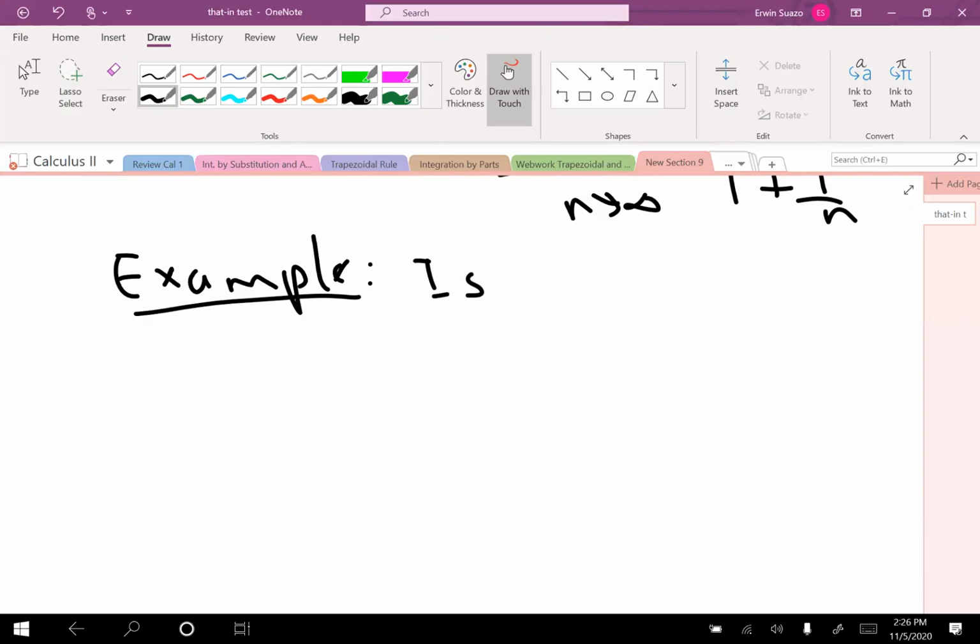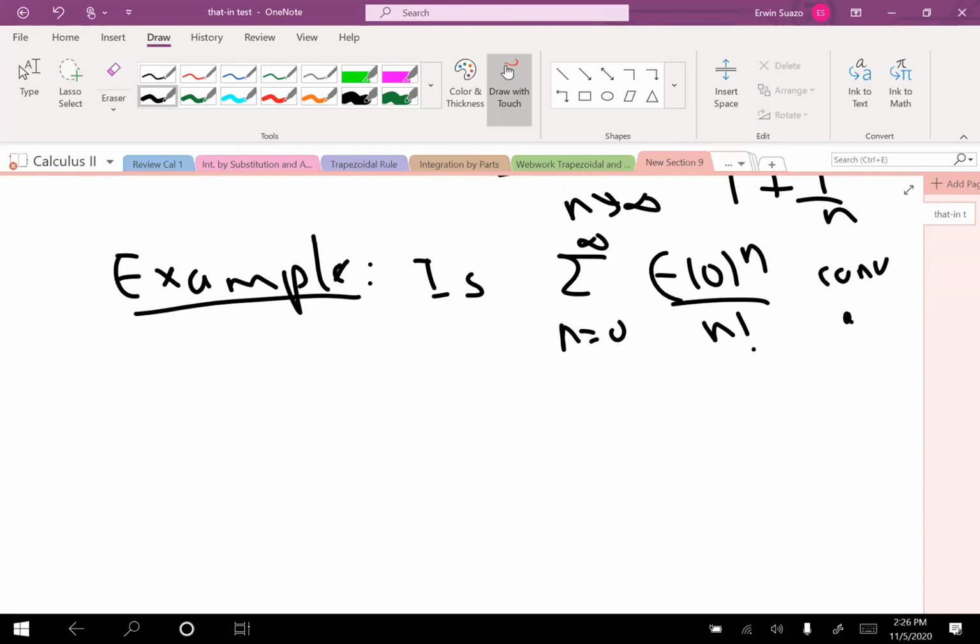So is this series convergent? Sum of minus 10 to the n over n factorial, n equals 0 to infinity, convergent or divergent? Go ahead, let me give you 5 minutes. Do your best to get this right, because this is the kind of example you're going to have in the homework and in the exam.